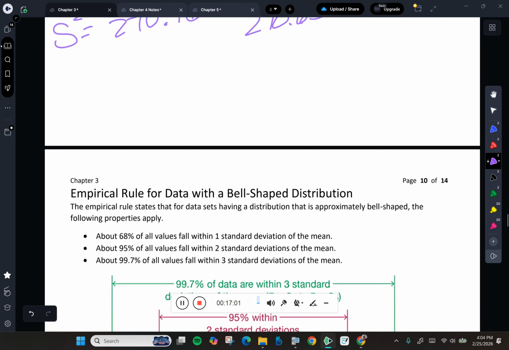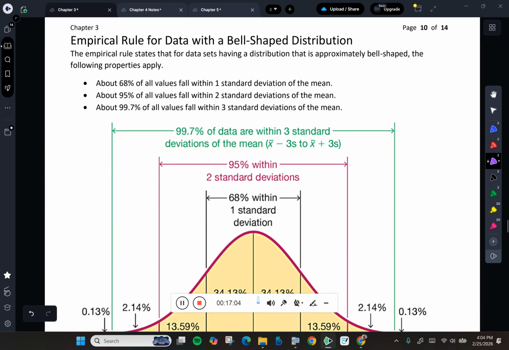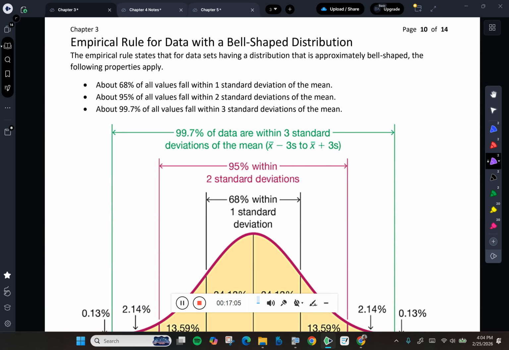Okay? All right. Where this is all heading is something called the empirical rule, which is going to become very important later in this course. We're going to be doing a whole bunch of this. And the empirical rule allows us to use means and standard deviations to talk about data sets.